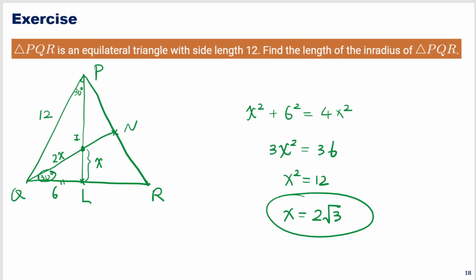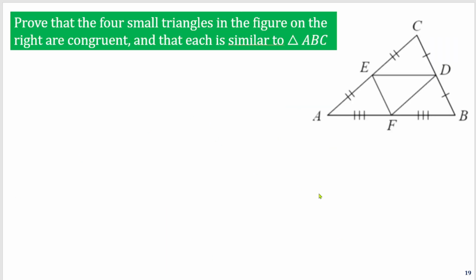Okay, then let's have a look at another property of the medians. Can you prove that the 4 small triangles in the figure on the right are congruent and that each is similar to triangle ABC?